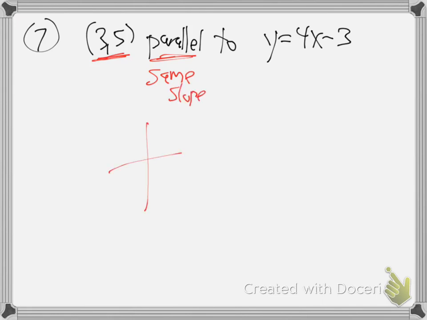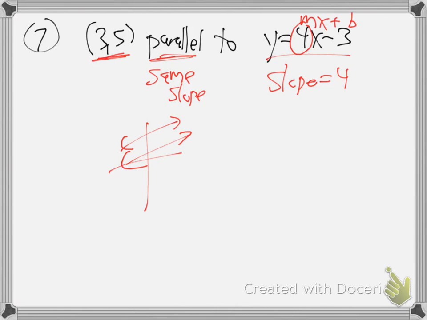Parallel lines have the same steepness, right? Okay, great. What's the slope of this line? Negative 3? Oh, no, 4. It's that number, and remember it's y equals mx plus b. This is the m.